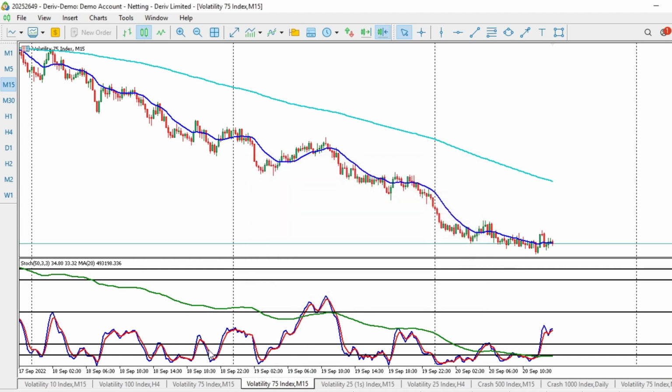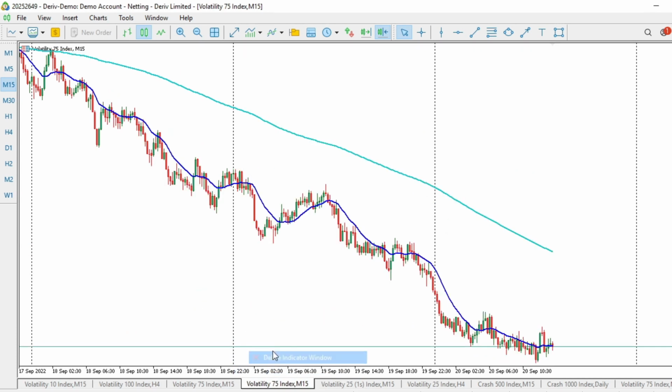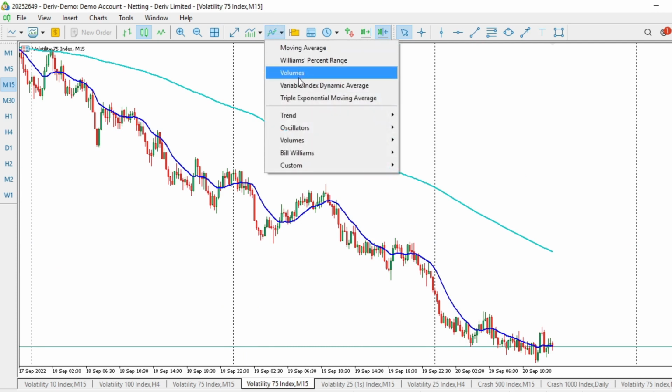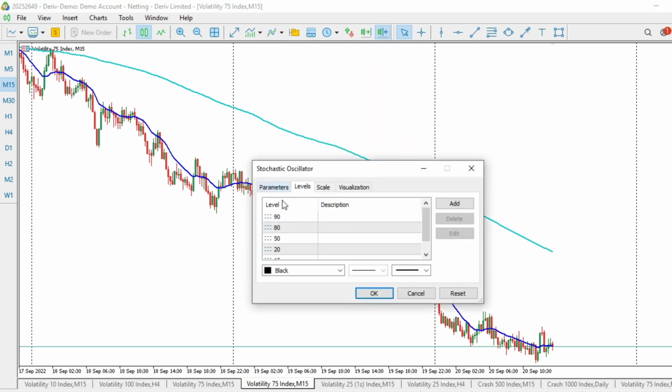So I'm going to first delete these indicators and then I show you. Now what you're going to do, we first add the stochastic oscillator. We come here, stochastic, let me look for it. Yes, it is the stochastic oscillator.